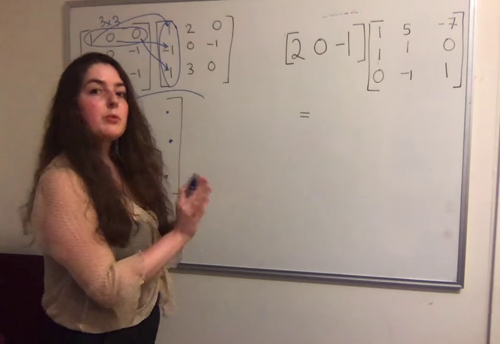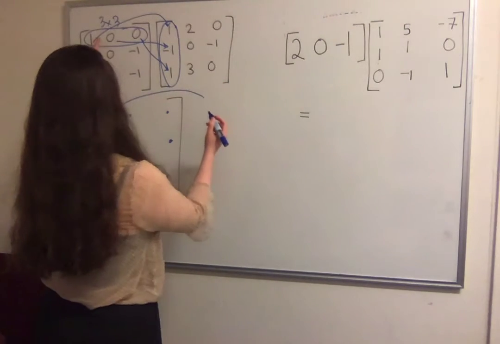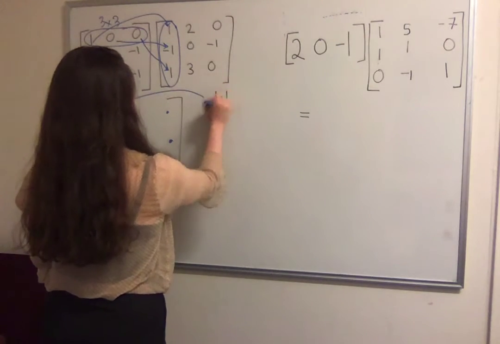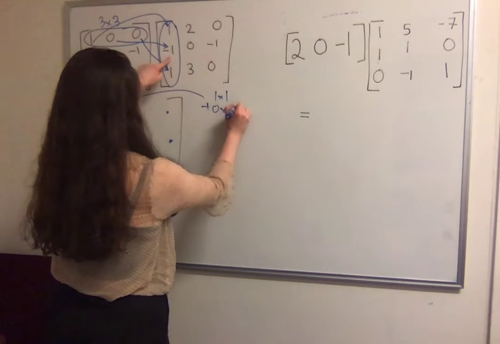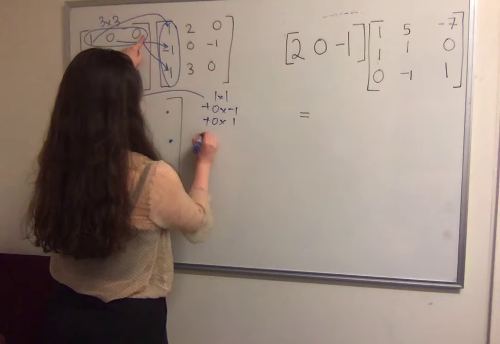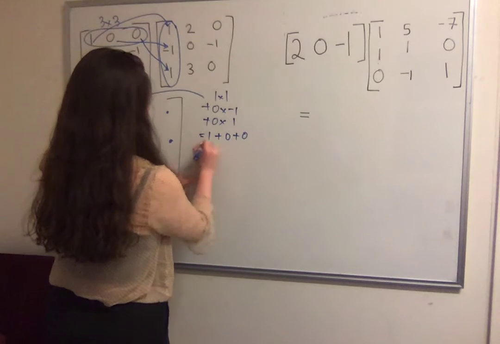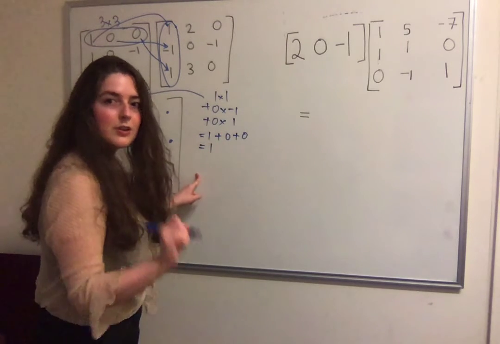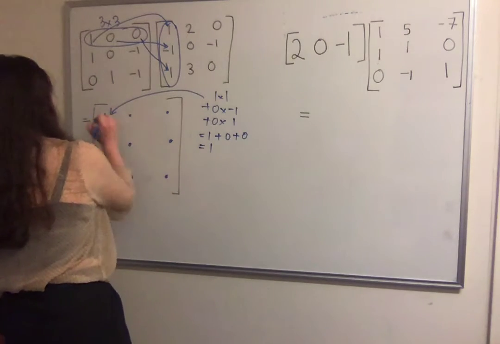So if you wanted to do some working out on the side, it could look like this: 1 times 1, plus 0 times -1, plus 0 times 1. That's 1 plus 0 plus 0, which is equal to 1. So we put this 1 into this position here.